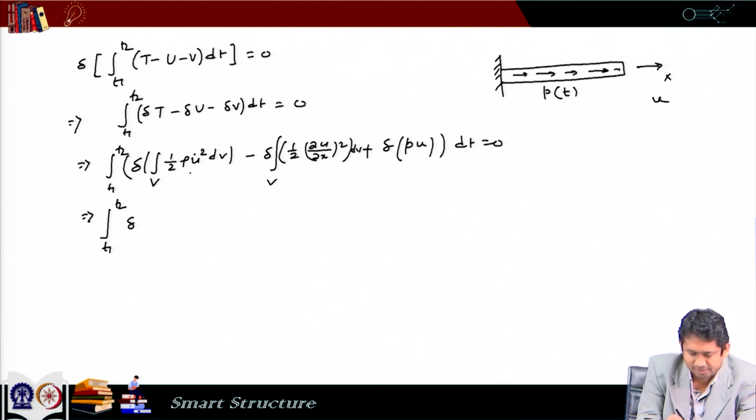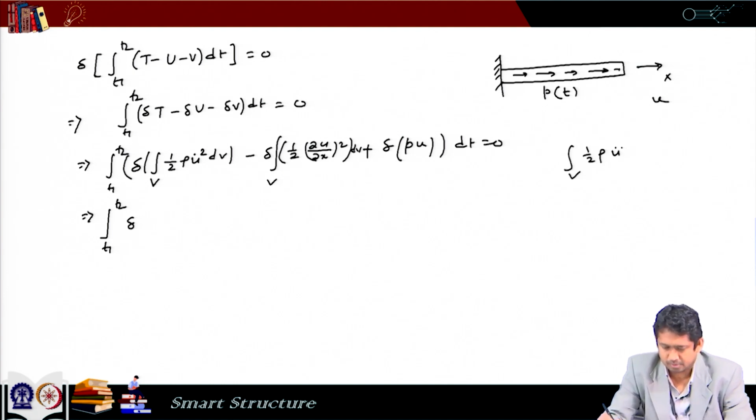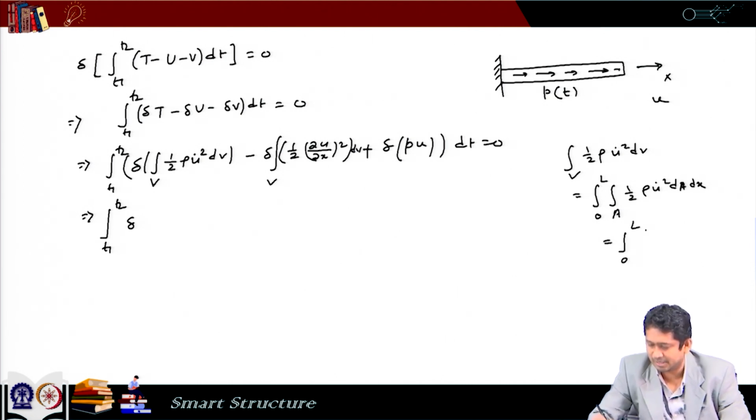Now, this expression again can be broken down into a volume integral, an area integral, and an integral over the length. So, we can write this as half rho u dot square dA dx, from 0 to L. It is our rho integrated over the cross section.